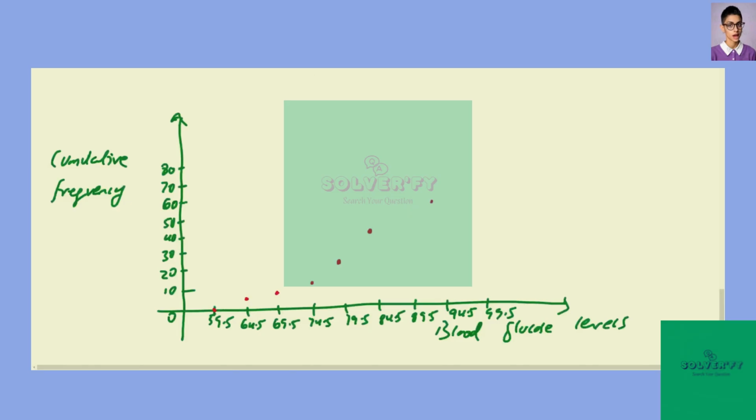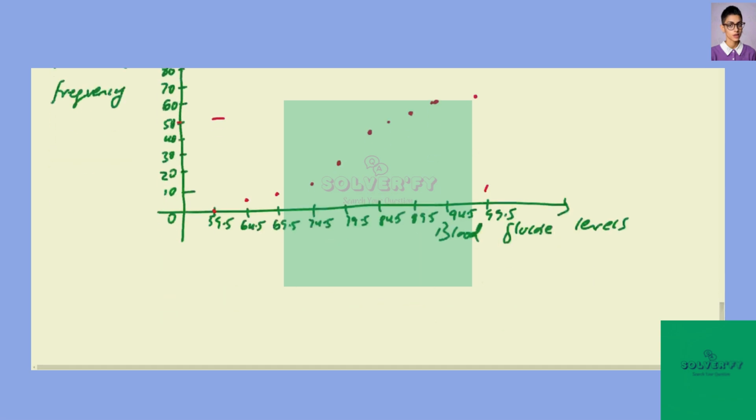We have 44 right here, and we have 49 at 94.5. And then we have also 50, something like that. So it's a graphing process where you have to be careful. If you're using software, it's way easier, but that's your cumulative frequency graph.